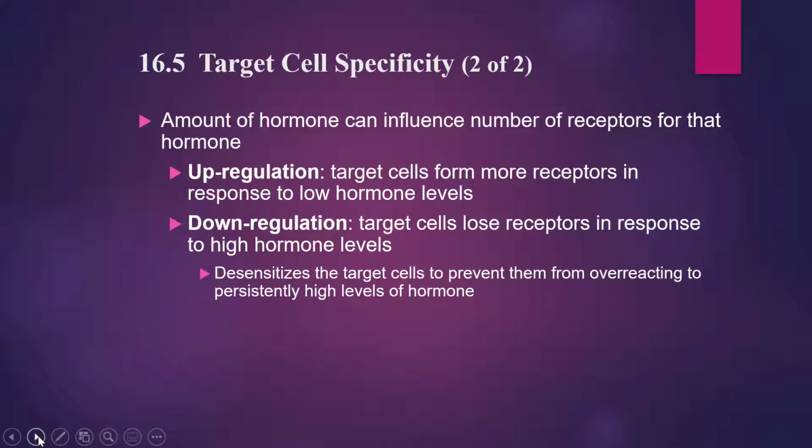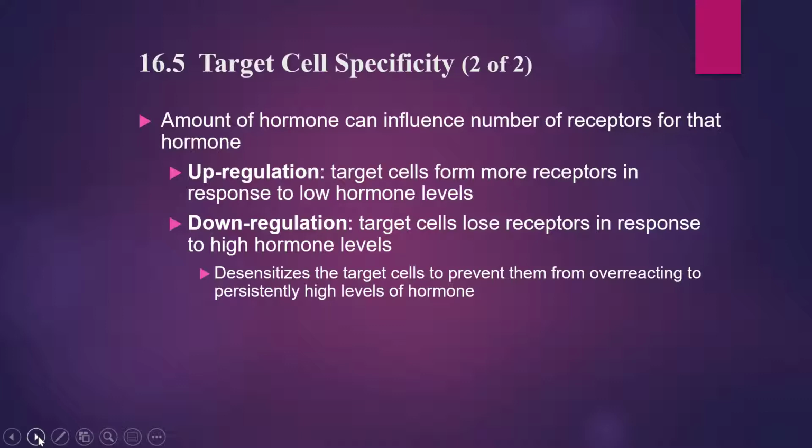Let's say a hormone is very low, so target cells will produce more receptors, okay? And as they produce more receptors, they give way for that very small amount of hormone around them to interact more with the cell, offsetting the low level of hormone.